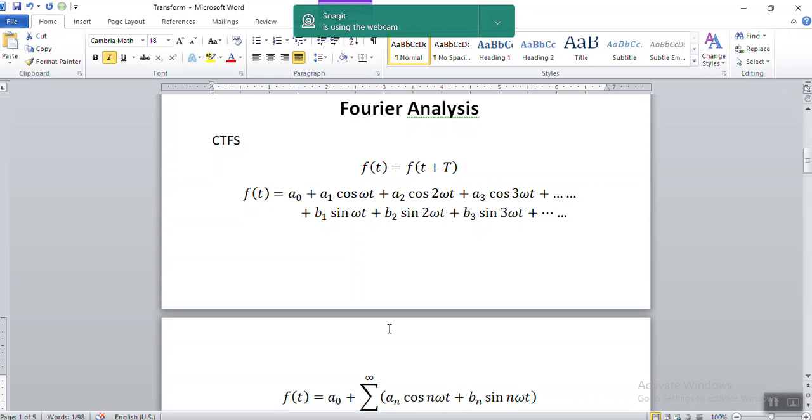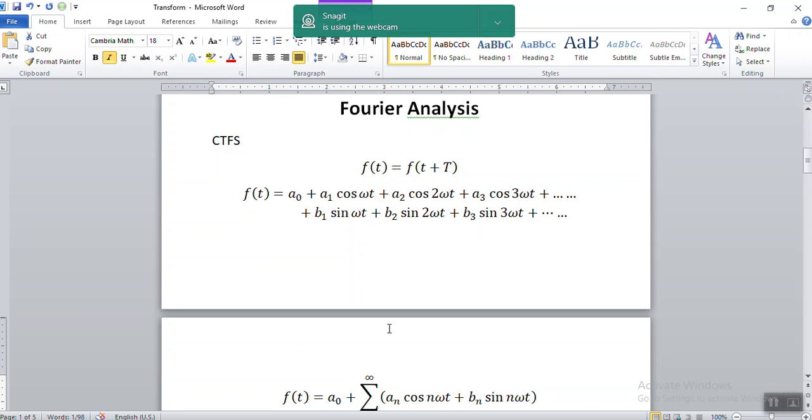Therefore, we can consider the white light as any signal in the time domain, the prism as your Fourier analysis, and the output of the prism as the spectrum or spectral analysis of the signal.